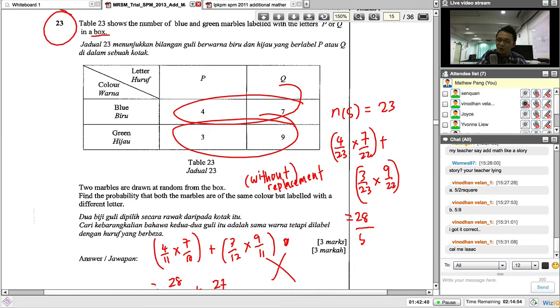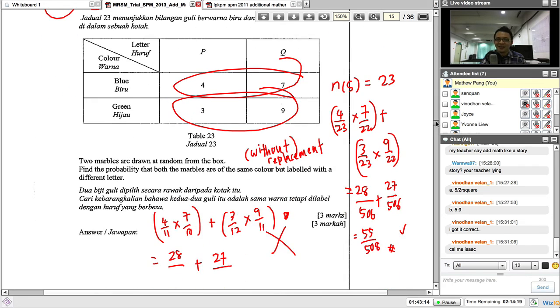Although the fraction is still extremely big, this one seems more reasonable. 28 over 506 plus 27 over 506, so it's just 55 over 506. Normally in SPM we won't get a fraction that is so big, but I think the second one seems more valid.